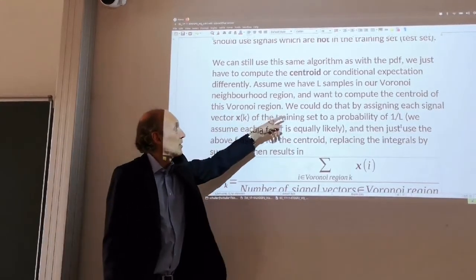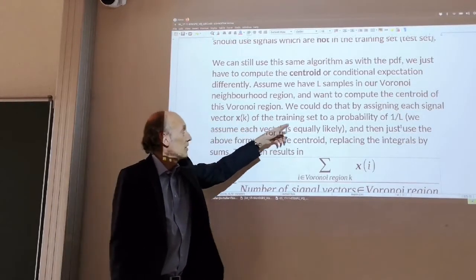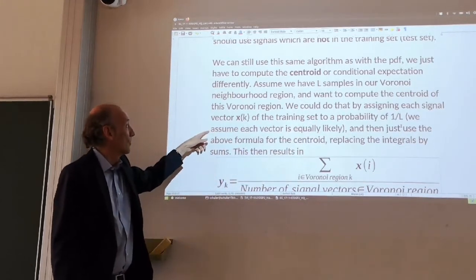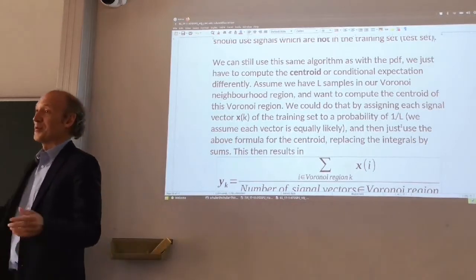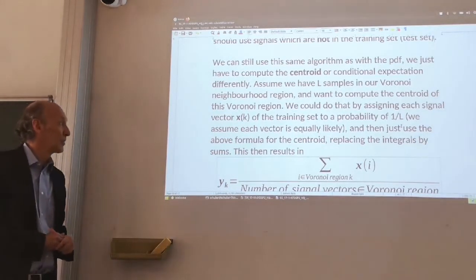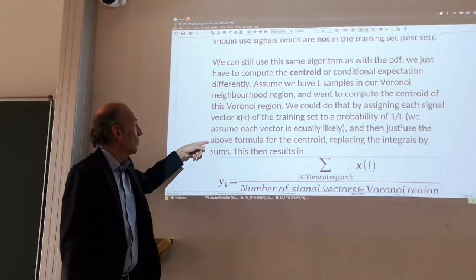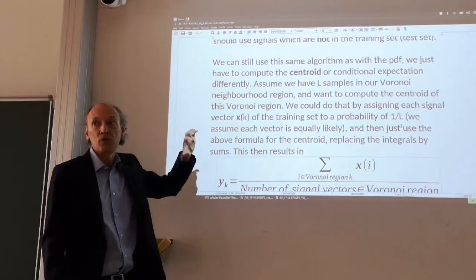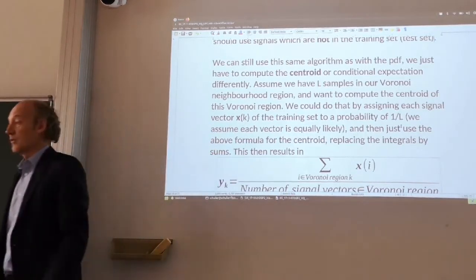We could do that by assigning each signal vector x_k of the training set a probability of 1 over L. We assume each vector is equally likely. So this is just an assumption that we can work with. It's a working assumption. And then just use the above formula for the centroid, replacing the integrals by sums, because now we have discrete points in the n-dimensional space. And this results then in this equation.